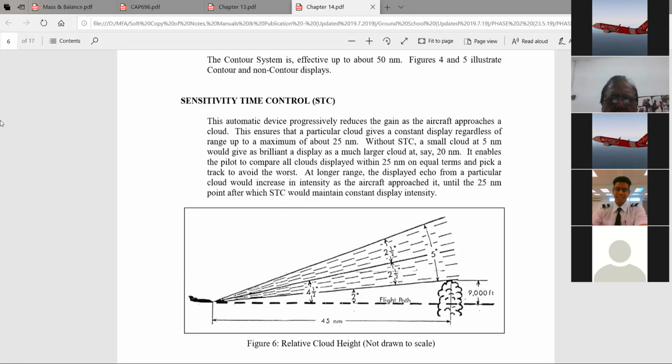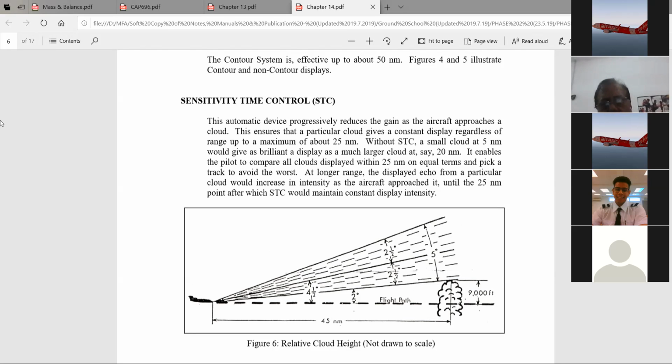It is called automatic gain control, and if you have this circuit in display, the clouds appearing within 25 nautical miles, from 5 nautical miles to say 25 nautical miles, will be painted similarly. As such, you have to decide which cloud to avoid and which cloud not to avoid, by using the sensitivity time control.